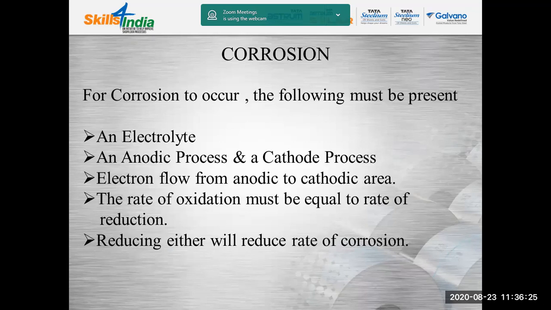For corrosion to occur, the following must be present: an electrolyte, an anodic process and a cathodic process, with electron flow from anodic to cathodic area. The rate of oxidation must be equal to the rate of reduction, and reducing either will reduce the rate of corrosion.